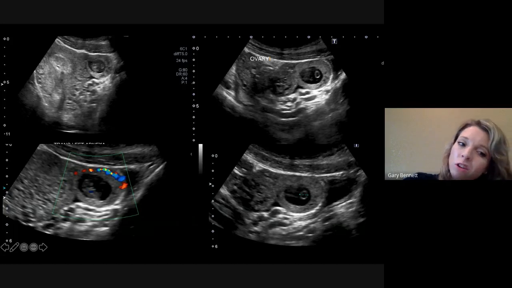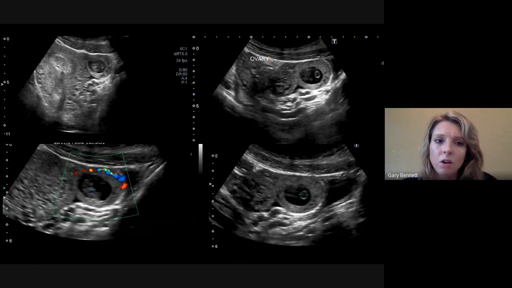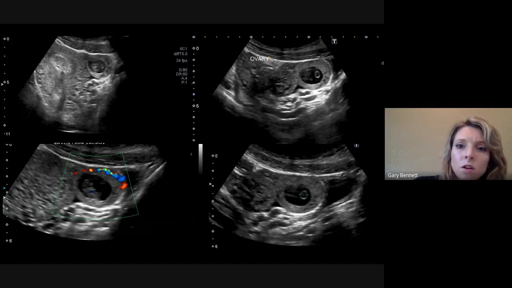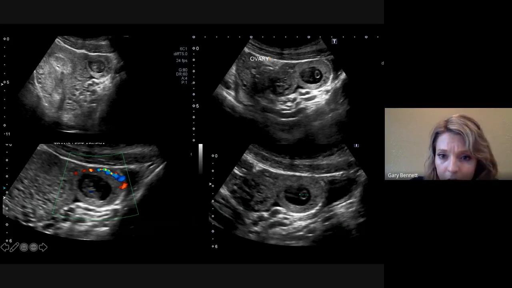I didn't really touch on that because it's not really OB for sure. But when you're looking for ovaries, it's helpful to be aware of. So just looking at this picture right here, you can see there's a vessel here, there's a vessel here, this top right picture, here, here, here, coming across here. This patient probably has pelvic congestion. And if we were to drop our color box right in here and decrease our scale, these would likely fill with color.